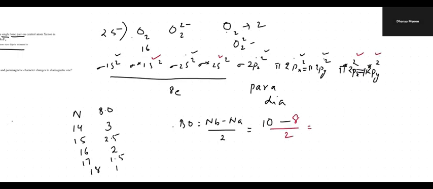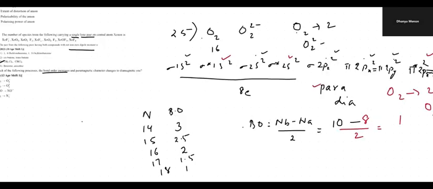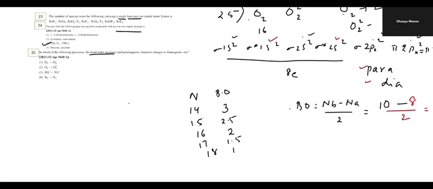So for oxygen, the bond order is 2. For O2 2 minus, the bond order is 1. This is also a wrong answer because even though it is increasing from para to dia, the bond order is not increasing. So this I have told in one of my videos.